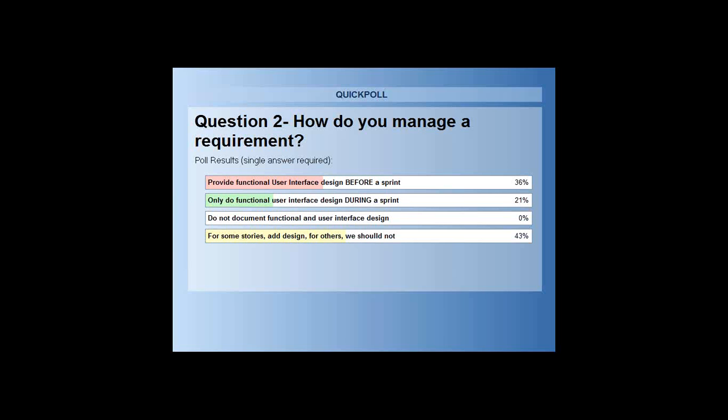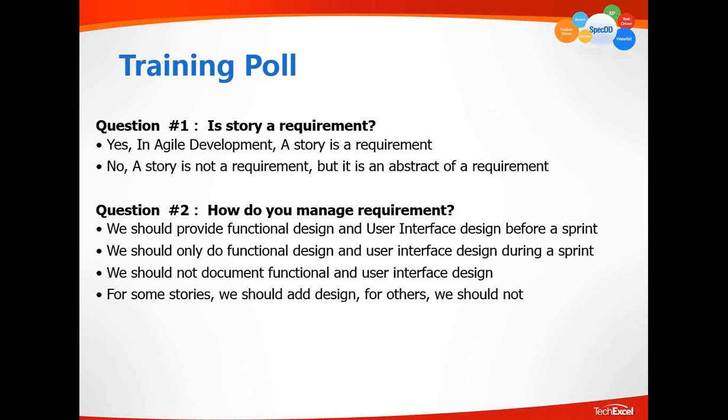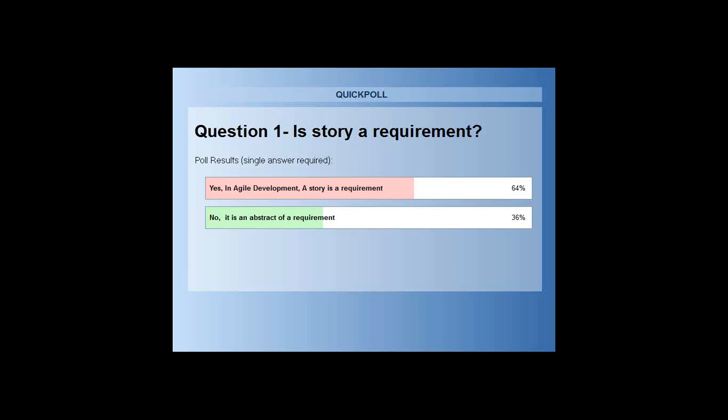So obviously, the answer to question number one, to me the better way, is to view a story just as an abstract of a requirement. The reason is just like question number two. For some of the stories, we don't really add design, and for some of the stories, we do, at least in the Scrum process.